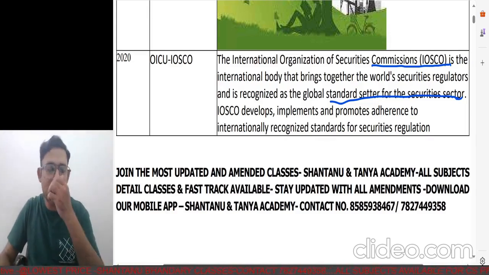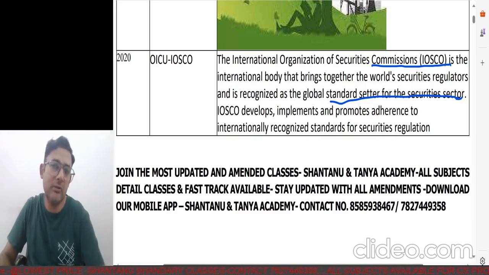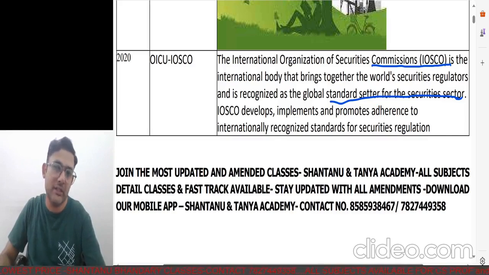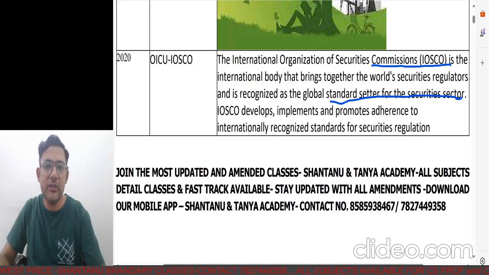So when you ask people to invest money in various projects, which are obviously green energy projects or renewable projects, you would expect that those people who are investing actually get confidence that their investment is in safe hands. So this 2020 conference really talks about the fact that they will introduce some kind of standards which set up a benchmark for the security market.